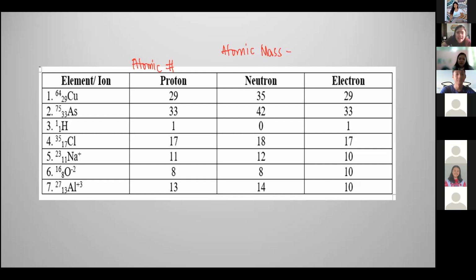Pareho lang na sila. Minus the atomic number. So pag mention nato atomic mass, it represents the combination of protons and neutrons. That is why to get the number of neutrons, i-minus lang nato. Tanggalon nato ang number of protons and the number of neutrons ang mabilin.